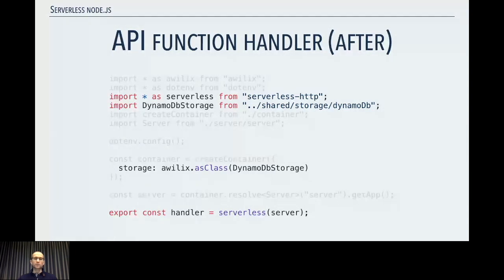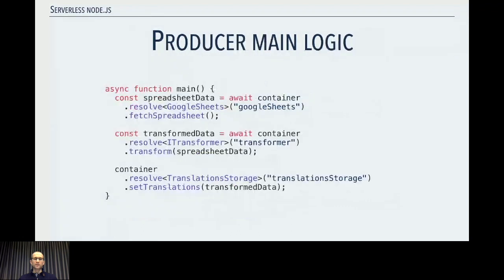Now let's go to our producer. And here's the main logic of our producer. That logic won't actually change before and after serverless. It fetches some spreadsheets from the proper API, then transforms them, and at the end stores them in proper storage.